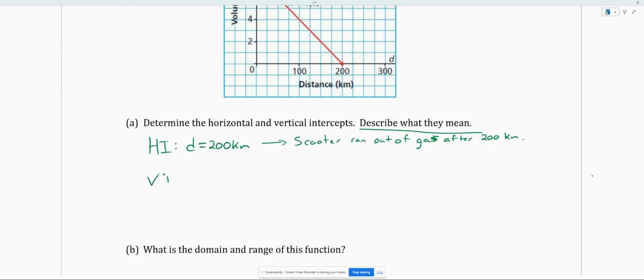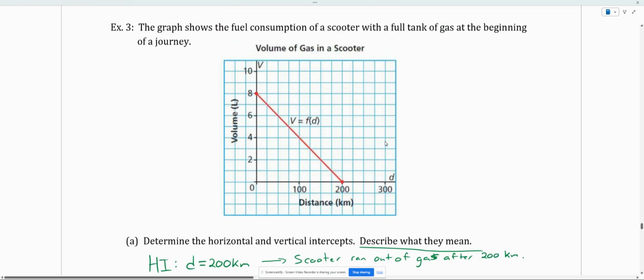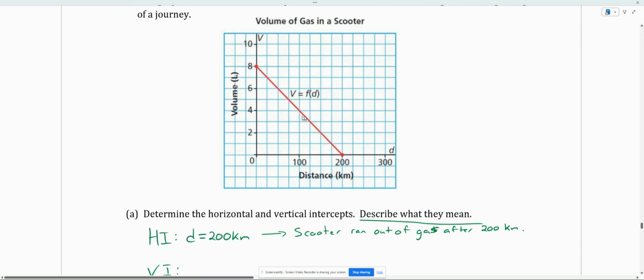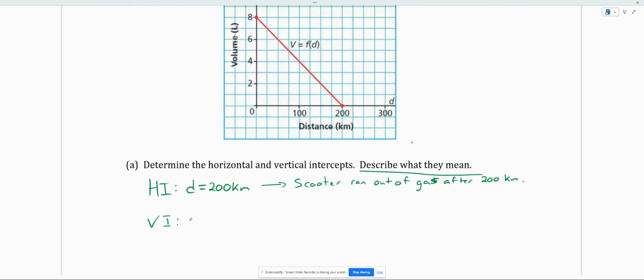And our vertical intercept, what variable are we using here? We're using V for volume. So the volume is equal to 8 liters, and this is representing that the scooter has a full tank before the trip, before going any kilometers.